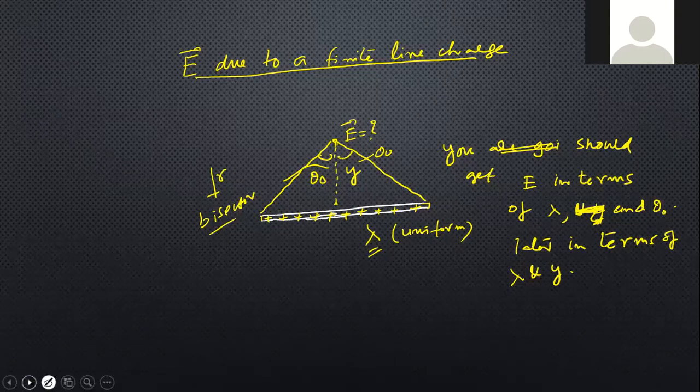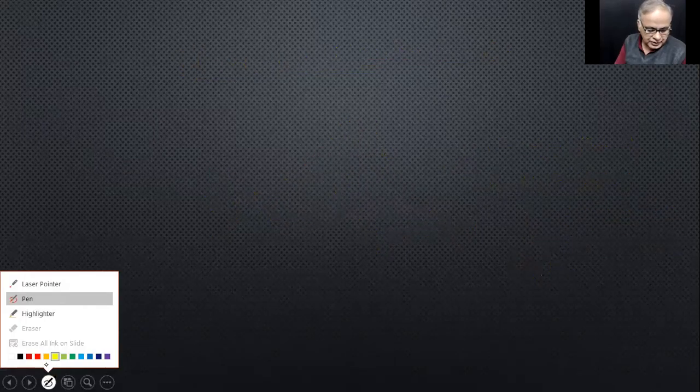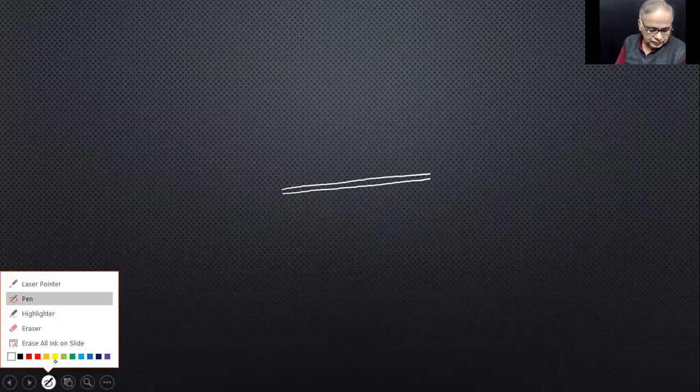Yes. Right. Now, look at this. We'll take the line charge here. And as I told you, at this point somewhere, I should find out E. The ends are making angles theta naught, theta naught. First, I should get my formula in terms of theta naught. I'll take this as my x equals 0.